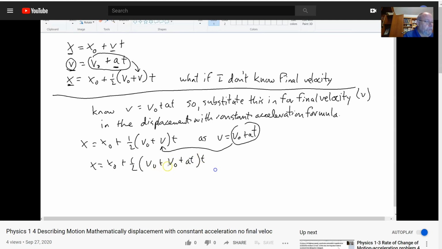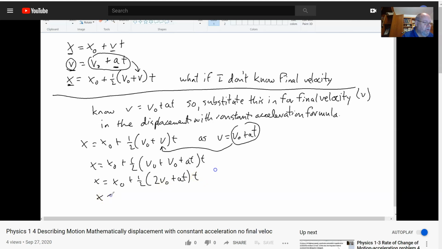I've got two V0s. Okay, so I can say that x equals x0 plus 1/2 times (2 V0 plus at) times t. Okay, now for this first term here, 1/2 is going to cancel out the 2. So I'm just going to end up multiplying V0 times time, right?